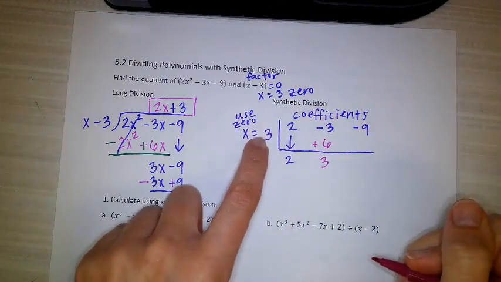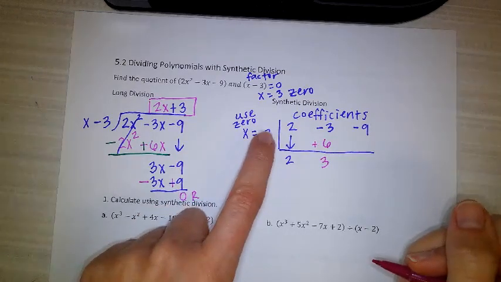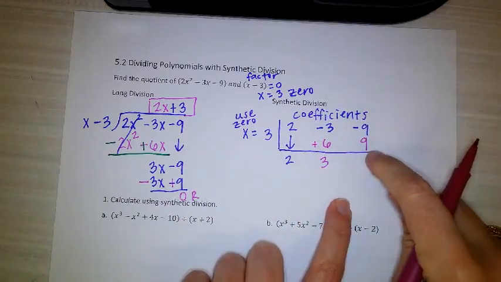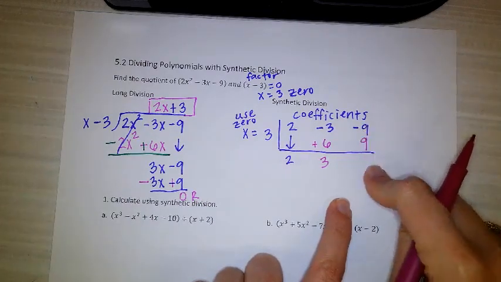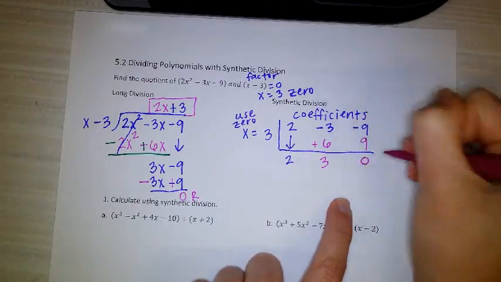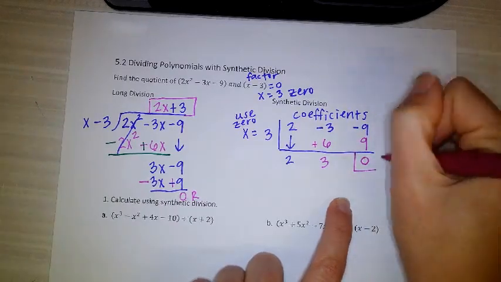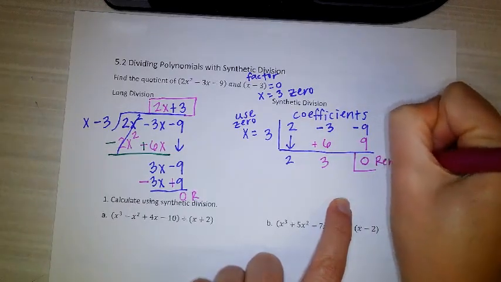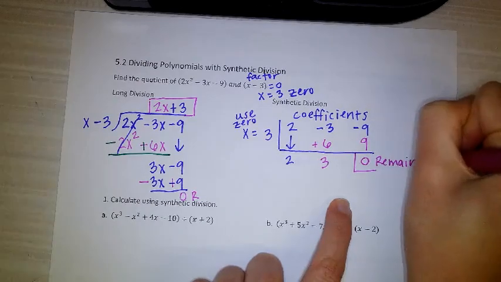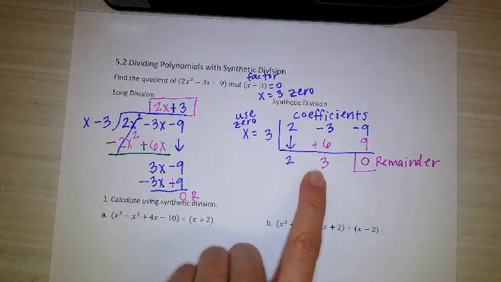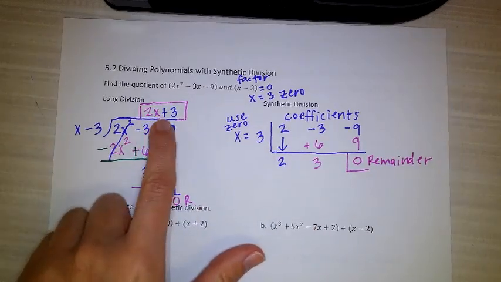And then I go back out to the outside number. 3 times 3 is 9. I put that under my next coefficient. I add straight down and get 0. This last value here will always be your remainder. And these two numbers are the coefficients of your quotient.